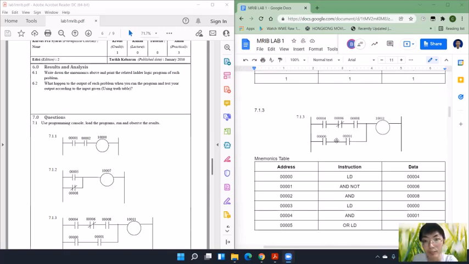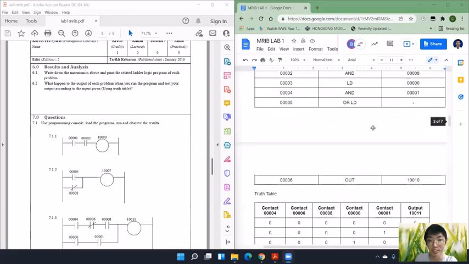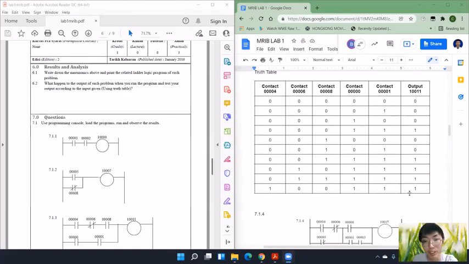After the 2 AND gates are added together with an OR gate, the output will be obtained. Actually, this output is longer than 10 slots, I think it's 30-something slots, but the doctor wants us to only write 10 slots. So with these 10 slots, 5 slots of the output will be 0 and 5 slots of the output will be 1.